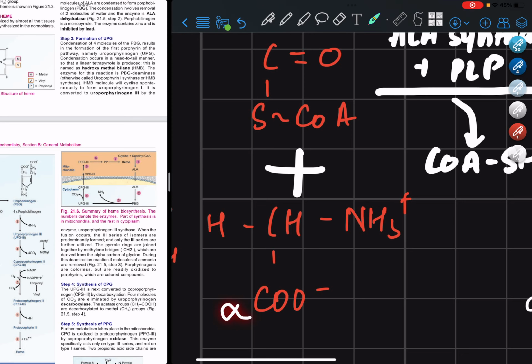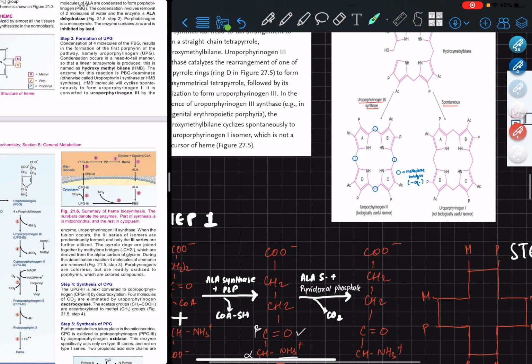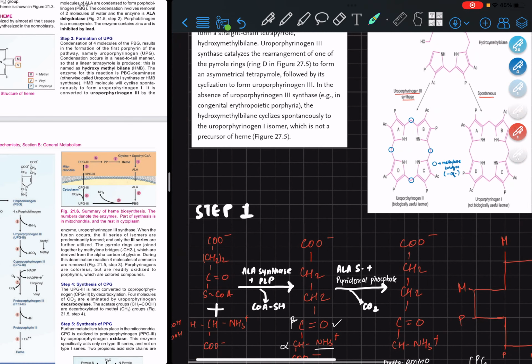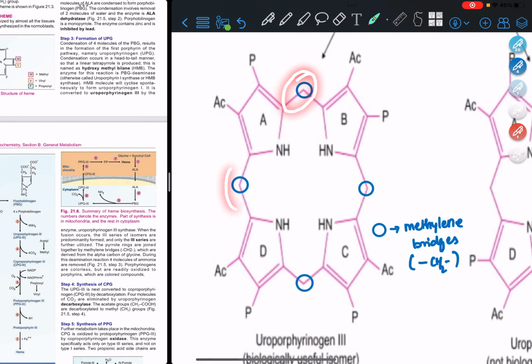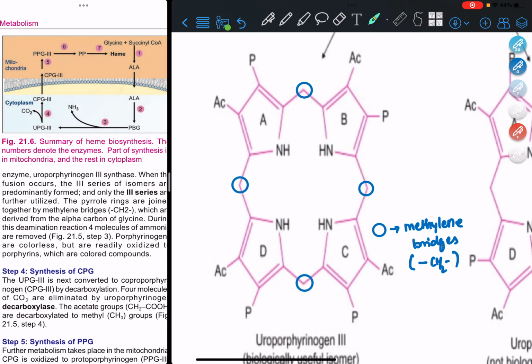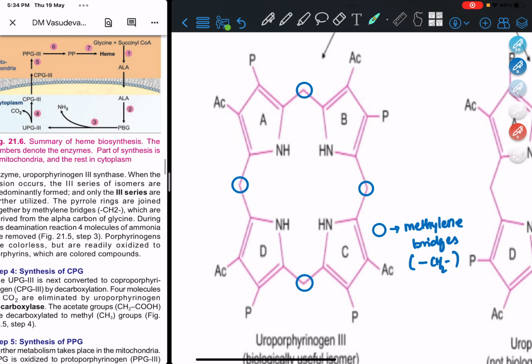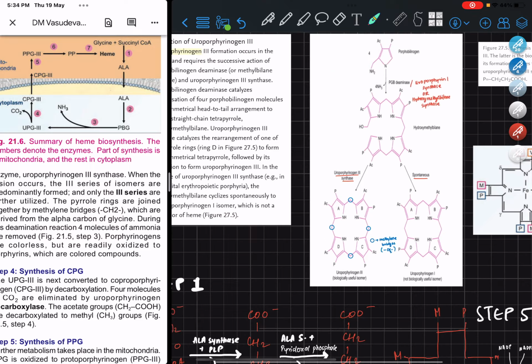This is the alpha carbon. So this carbon is finally acting as the methylene bridges in the UPG3 molecule, right? So that is an interesting point. The pyrrole rings are joined together by methylene bridges, which are derived from the alpha carbon of glycine. So that is that reaction.